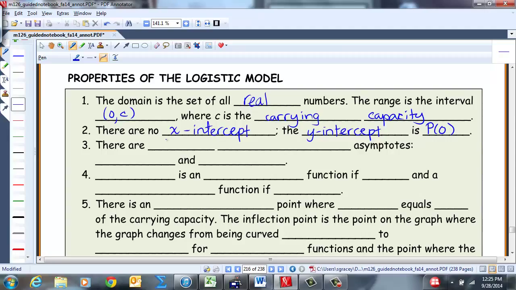There are 2 horizontal asymptotes: y equals 0 and y equals the carrying capacity C. And P at t is an increasing function if B is greater than 0, and a decreasing function if B is less than 0.